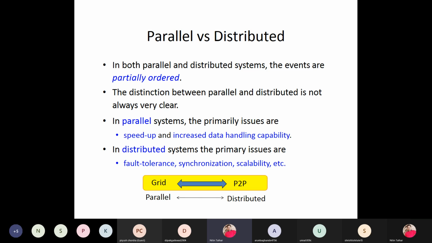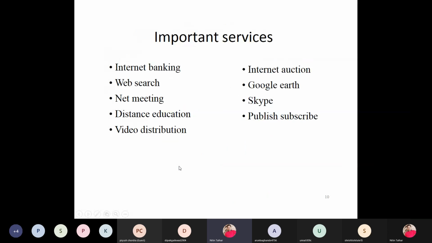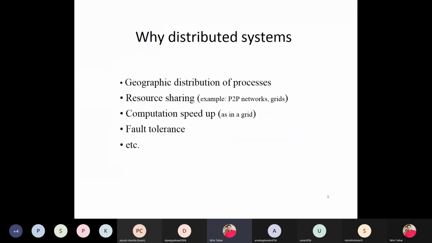The increased data handling capability, which is an issue in parallel computing, may be resolved in a distributed application. The speed up issue can be resolved in a distributed application because they may have a separate mechanism to solve that particular type of problem.